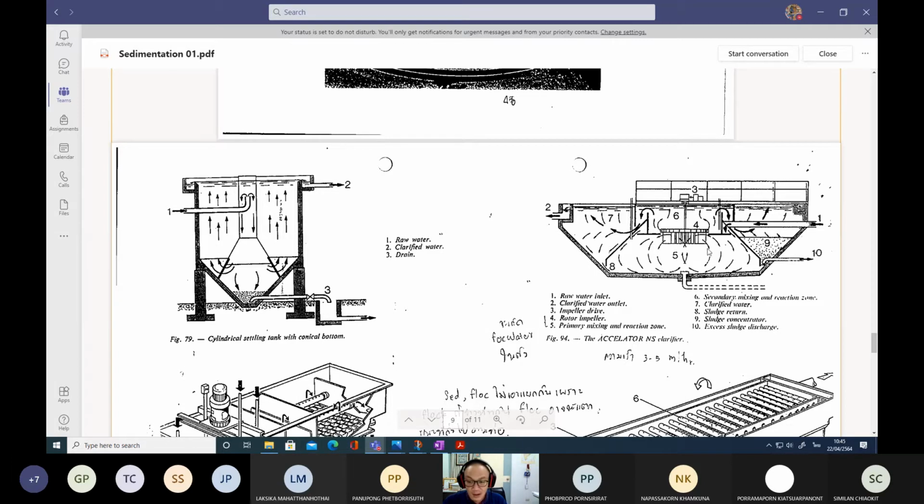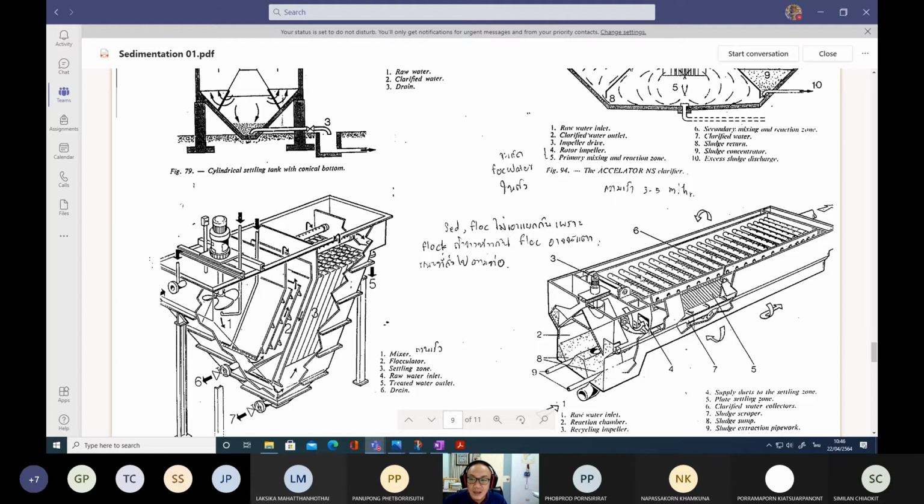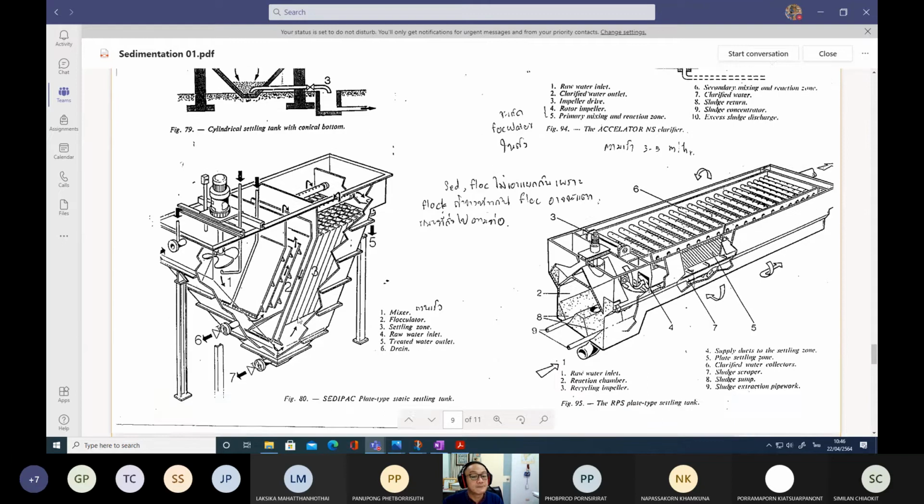This unit is actually called the accelerator. If we want to increase the efficiency, just install the inclined plate like this. This would increase the overflow velocity, or the capacity of the tank to handle larger flow rates.